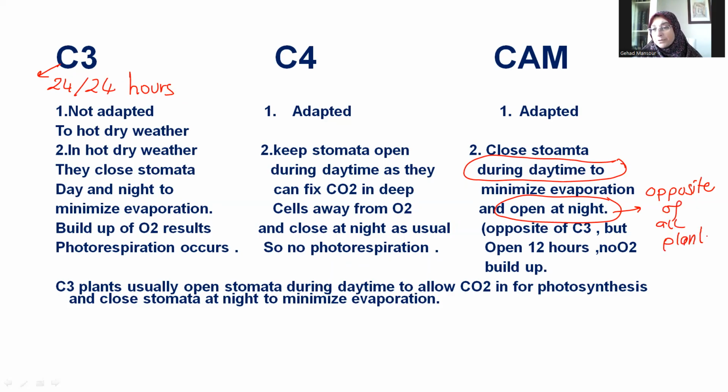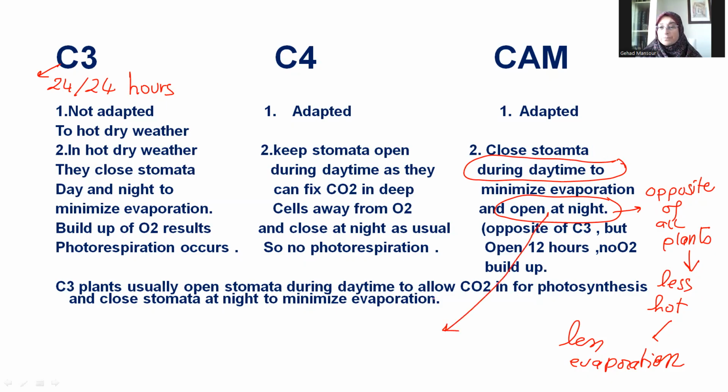But why are they doing this? They are doing this opening at night because at night it is less hot and therefore there would be less evaporation. So this is the first benefit they get. The first benefit is they do this opposite to all plants.